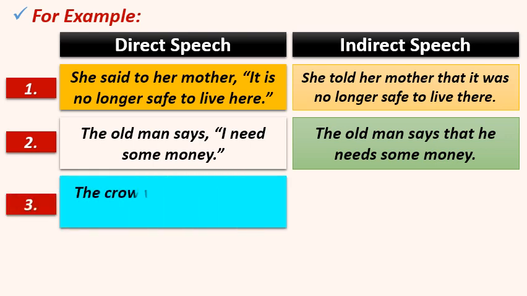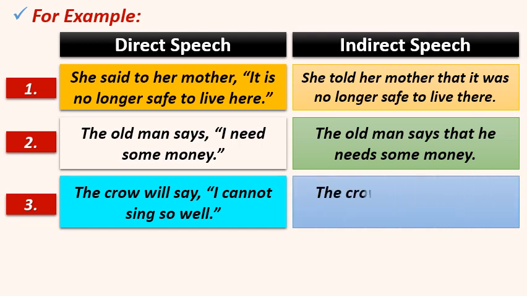Number third sentence is: The crow will say, "I cannot sing so well." So when we will change the same sentence into indirect speech, the sentence will be: The crow will say that he cannot sing so well.